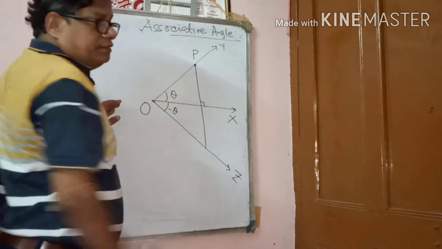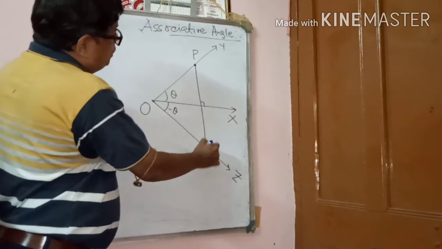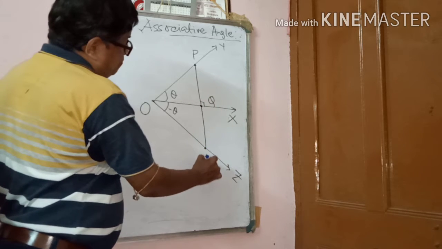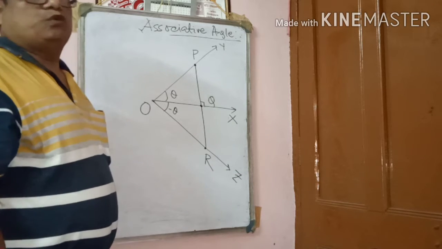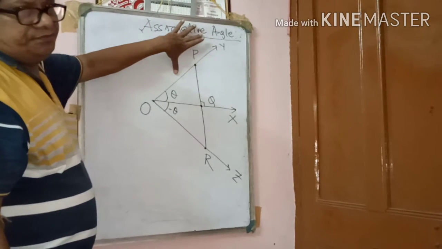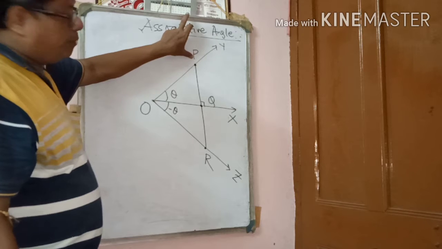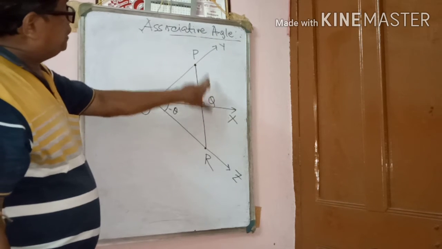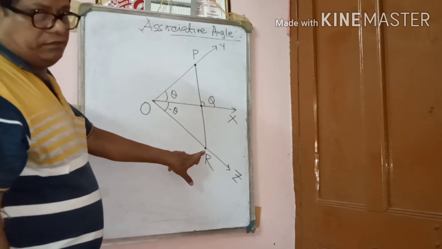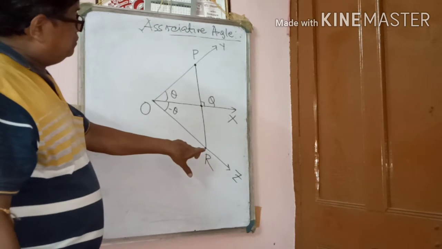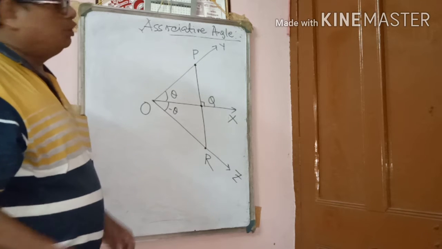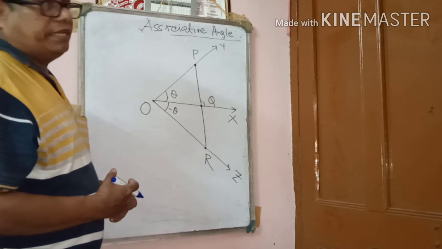So this is the perpendicular, and you have to extend up to this point. Suppose this is Q and this is R. First you take a point P on OY and draw the perpendicular PQ on OX, and you have to extend up to R, and the point R is on the ray OZ.